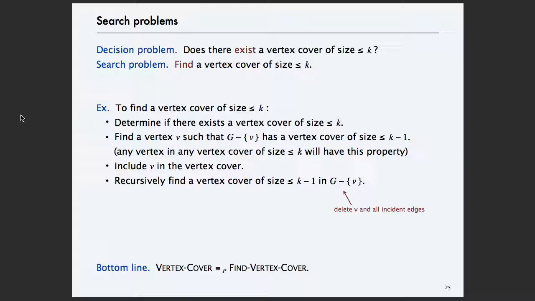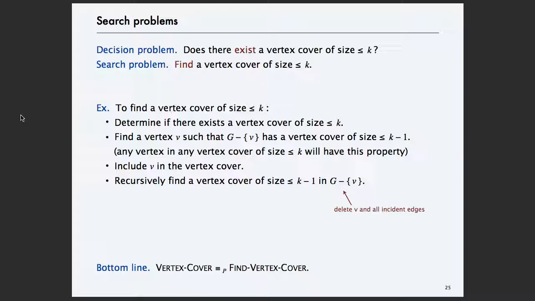In this case, they're talking about vertex cover, and I can go from one to the other. And of course, if I have a solution to the search problem, then I have a solution to the decision problem.